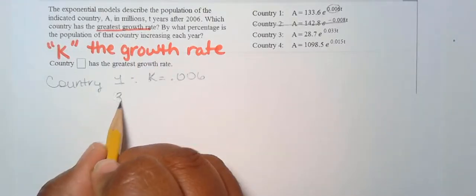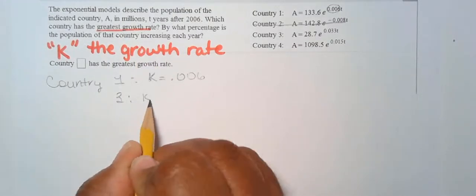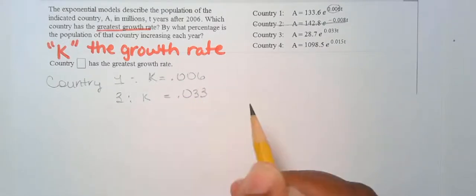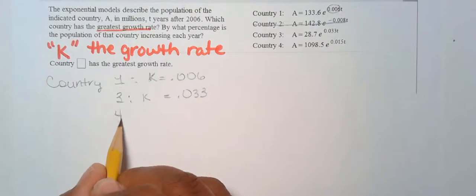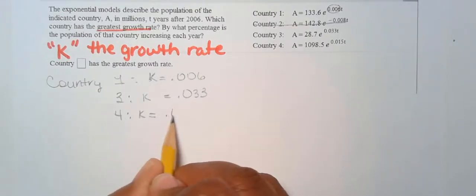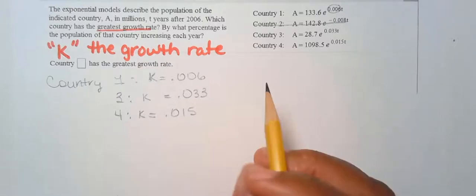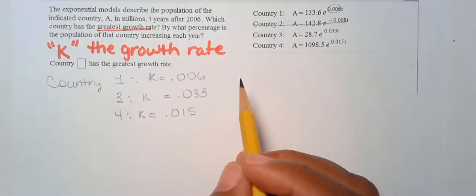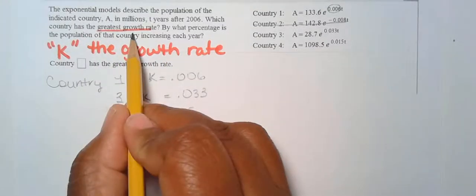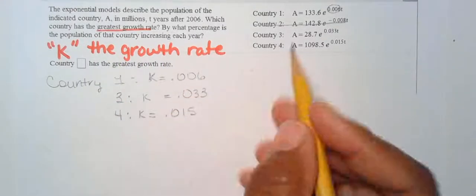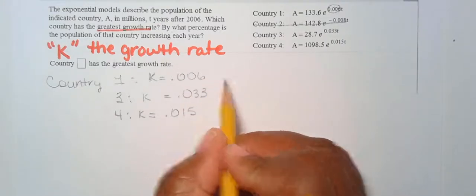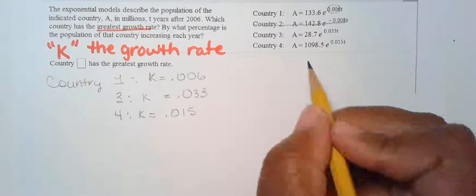Country 3, our k is 0.033. And then country 4, our growth rate is 0.015. Now, if we want to convert these decimals into percent, remember to move the decimal two spaces to the right.